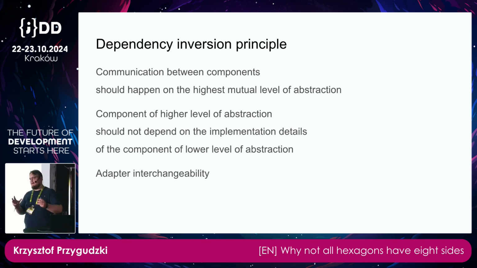And as long as you have designed your interface, your port, well, technically speaking, you never need to introduce any changes to the insides of your domain, of your primary domain. All of these changes will be encapsulated on the outside.